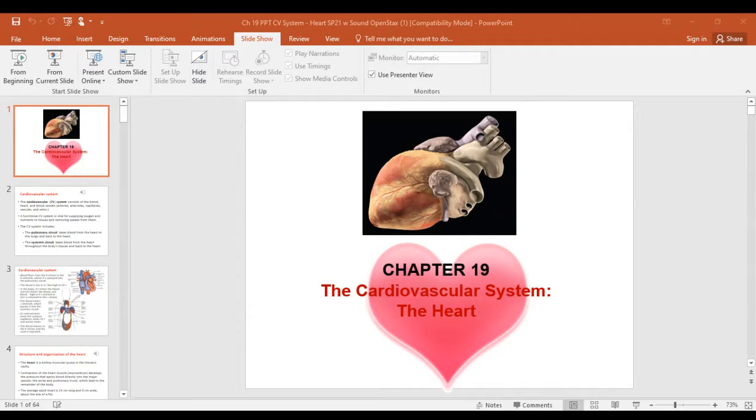Valves can be surgically replaced. There are artificial valves, and pig valves from pig hearts have been used for a long time to replace defective heart valves in people.